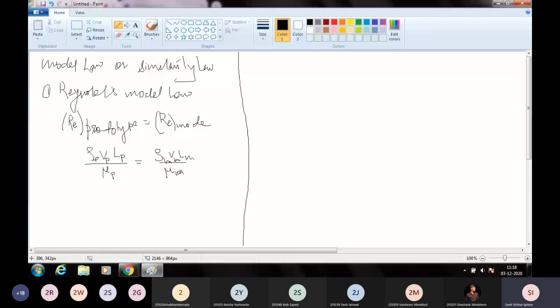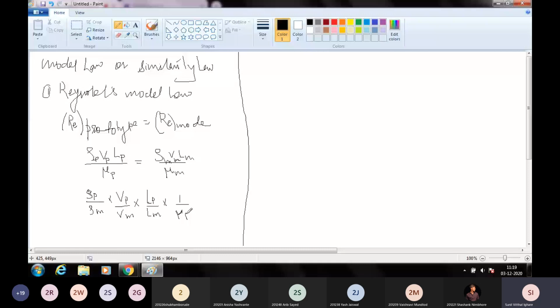So rho P divided by rho M, multiplied by Vp divided by Vm, multiplied by LP divided by LM, multiplied by 1 divided by mu P divided by mu M, is equal to 1.